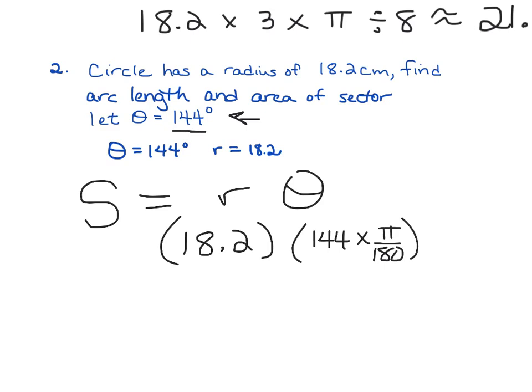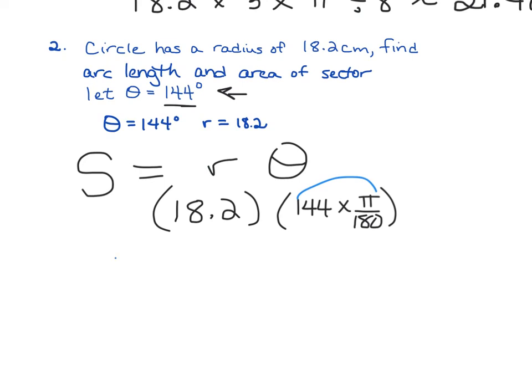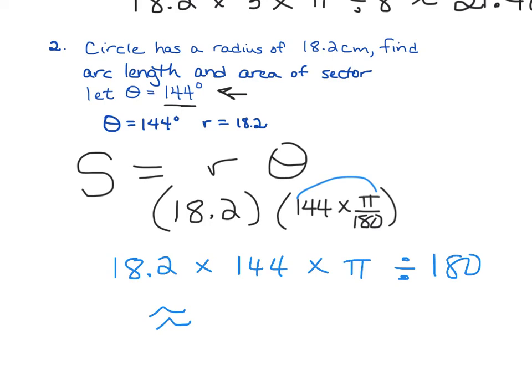If you want to do this calculation ahead of time, get that answer and then multiply by 18.2, you can. Otherwise, on your calculator you can do 18.2 times 144 times pi, and then divide by 180. This should be approximately 45.7 centimeters.